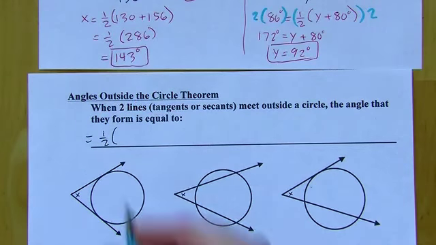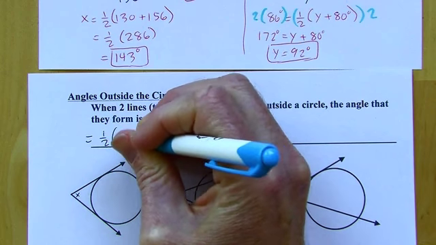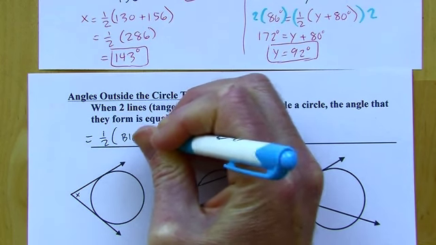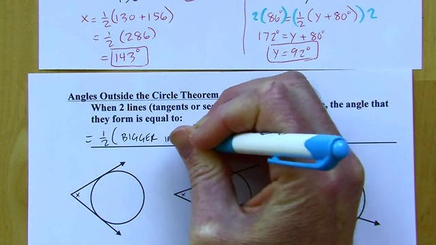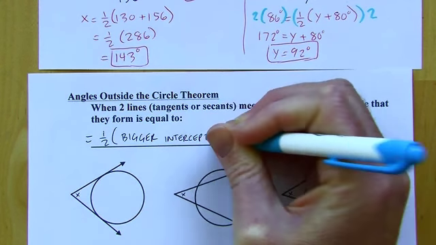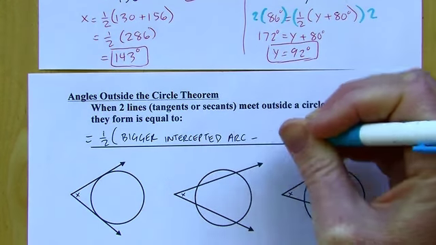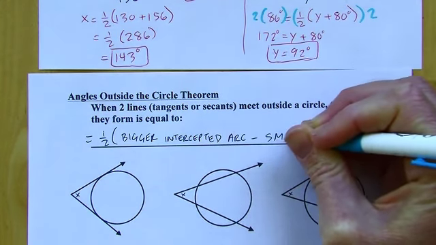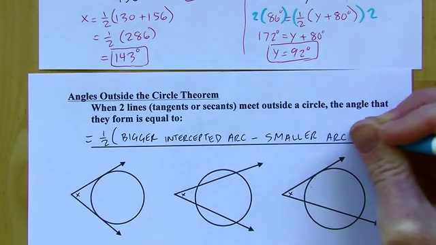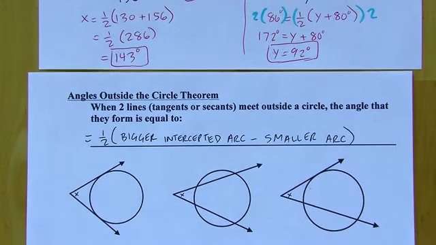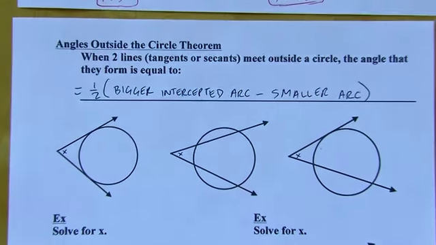It's equal to 1/2 of the bigger arc, the bigger intercepted arc, I should really say, minus the smaller one. Just say the smaller arc there, but it's the smaller intercepted arc. So yeah, let me talk about what that means.